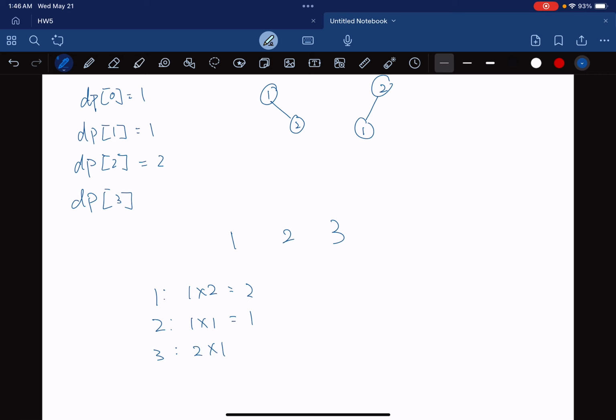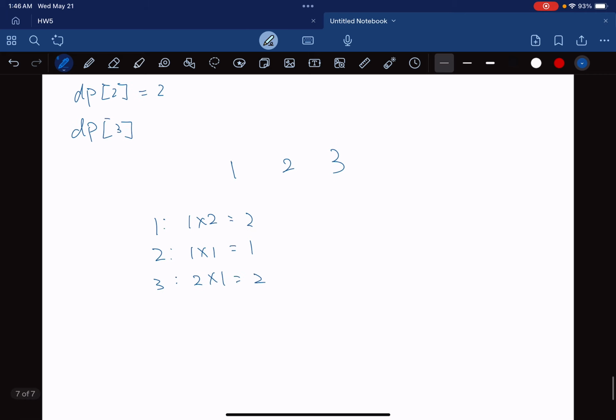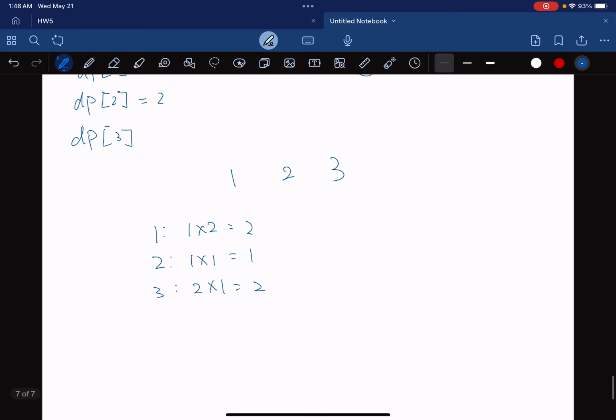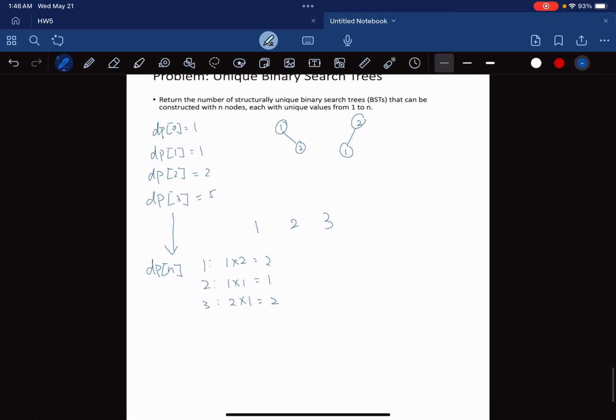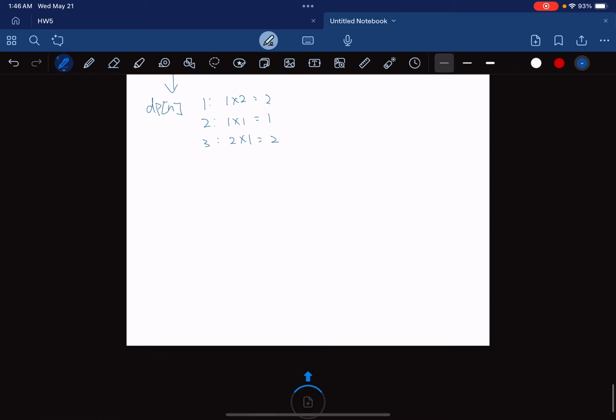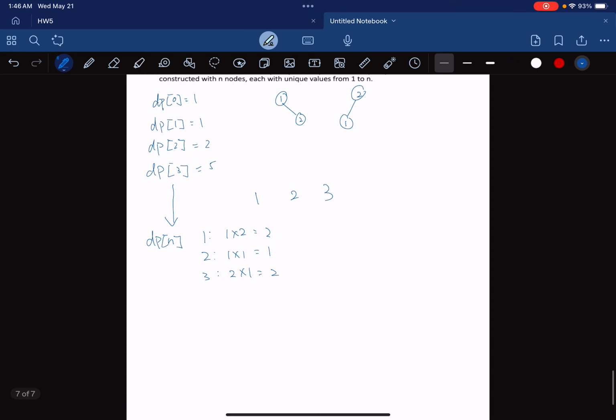It will be 2 times 1 equals 2. And the total we have is 2 plus 2 plus 1 equals 5. We can build this all the way up until we get dp of n. And yeah, that's about it.